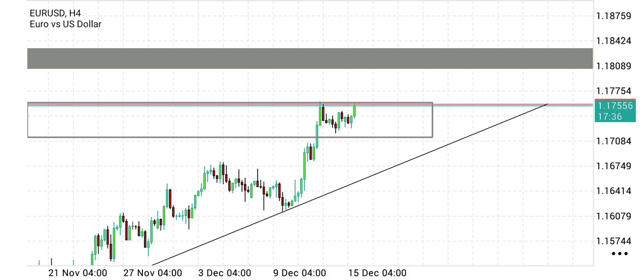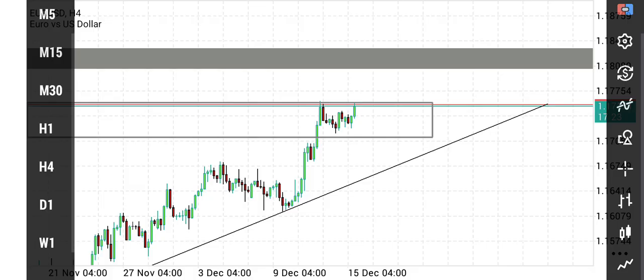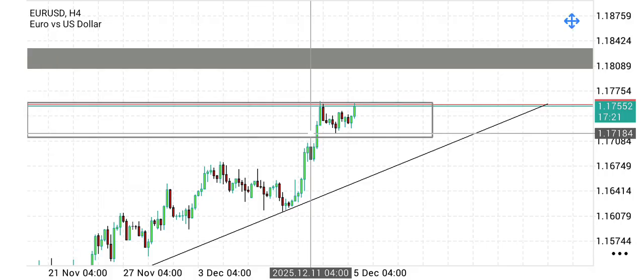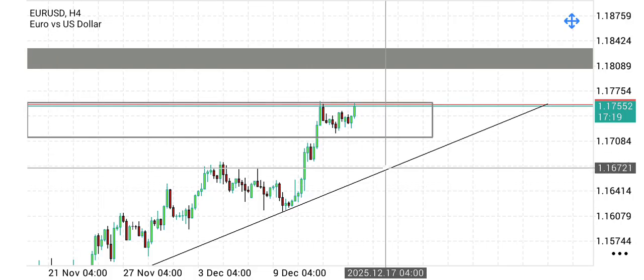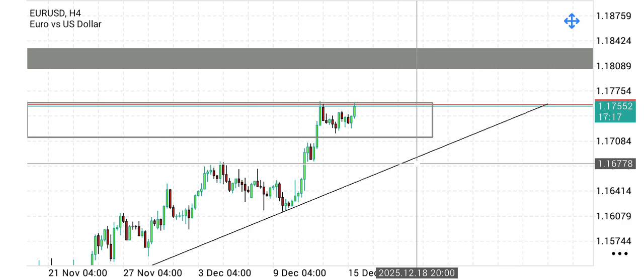But for now, we might get a short sell, meaning the price might drop, make a retracement, then somewhere around these areas, that's when we might witness a buy signal.